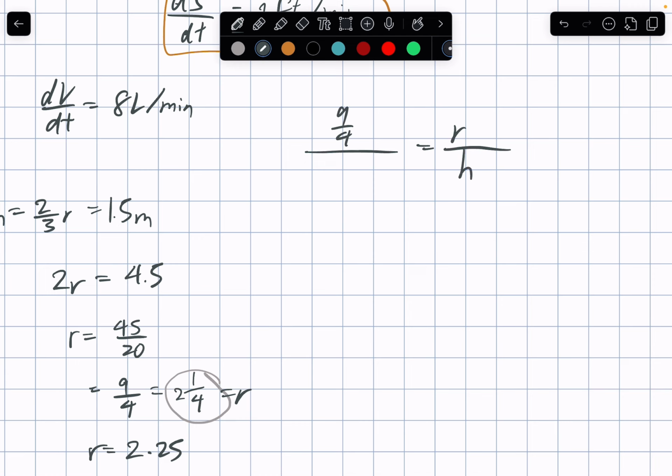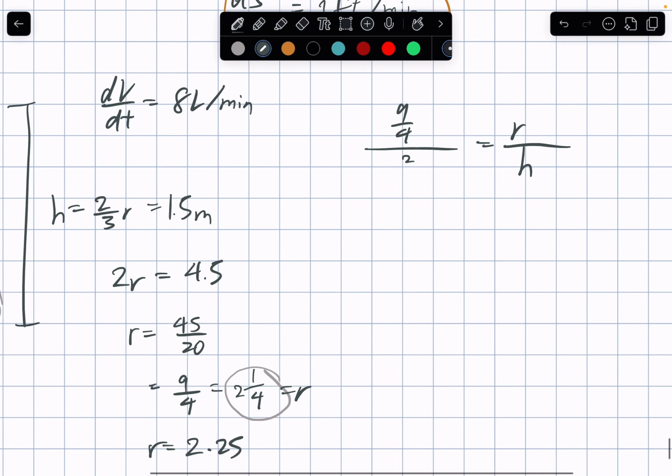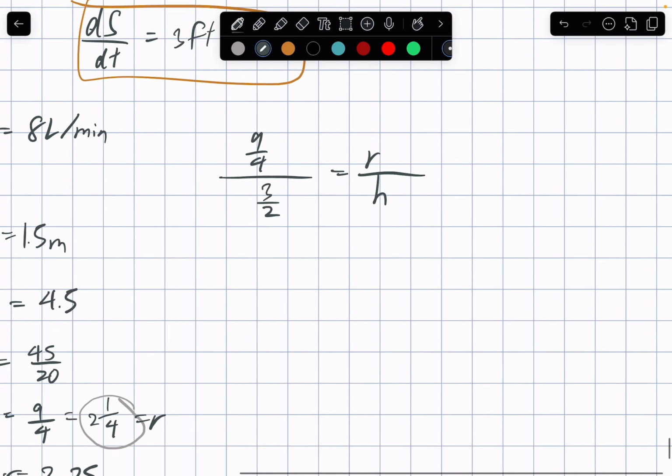The height is what? 2 over 3 times 9 over 4, 3 over 2. Okay? 9 over 4 h equal to 3 over 2 r.